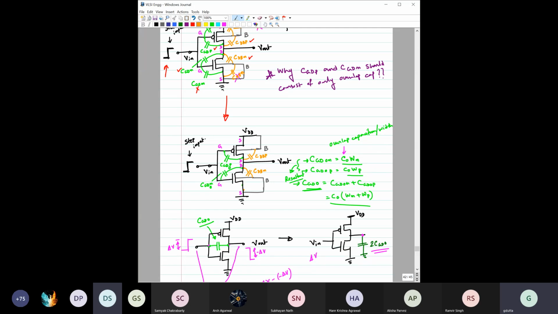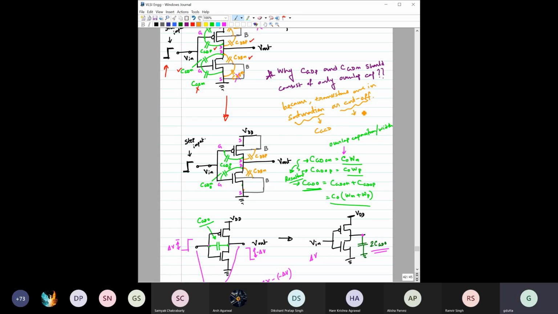In both saturation and cutoff, this gate to channel component associated with the drain side becomes equal to 0, right?